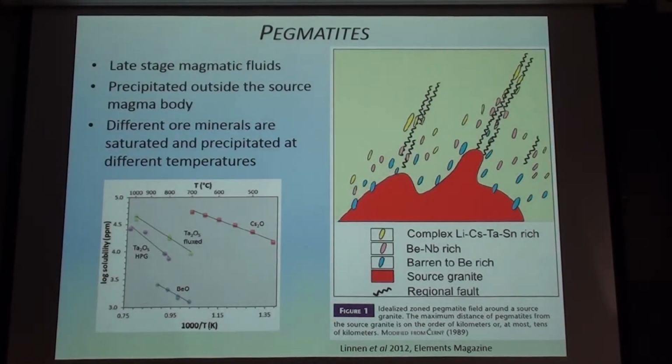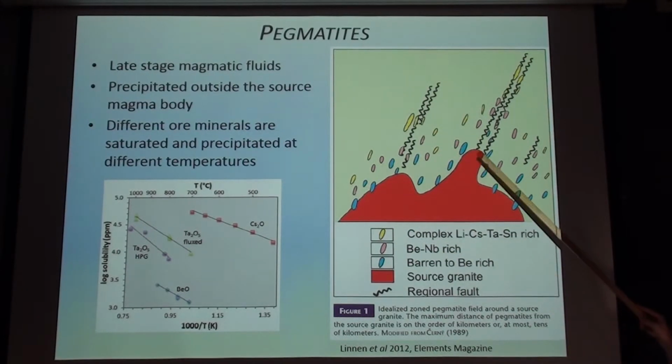And another process well associated to the end stage of crystallization in magma bodies is pegmatites. So these are formed by late stage magmatic fluids that crystallize outside, usually outside the source pluton or magma body.